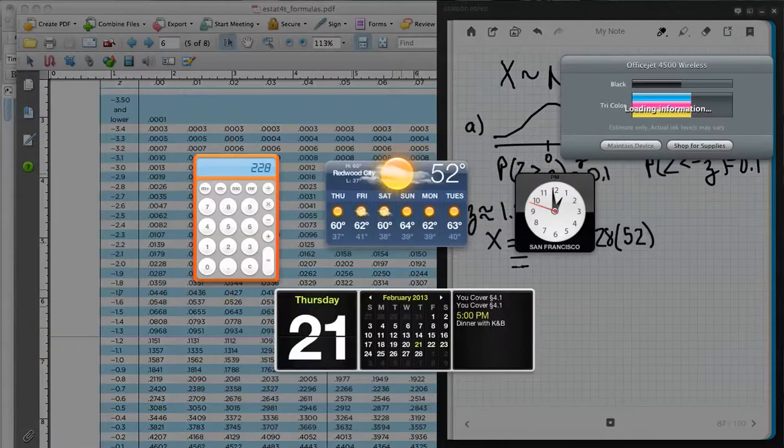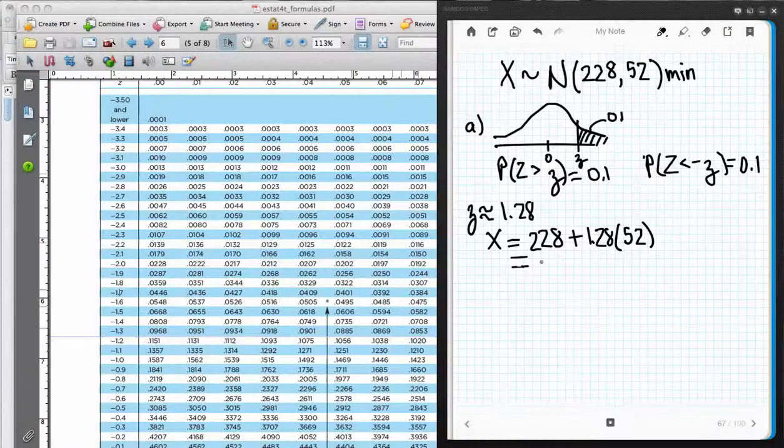Yes, 228. And, oops. You know, that wasn't correct. I had not 28, 1.28 times 52. And then to that, I'm going to add the 228 minutes. And there I have 294.56.